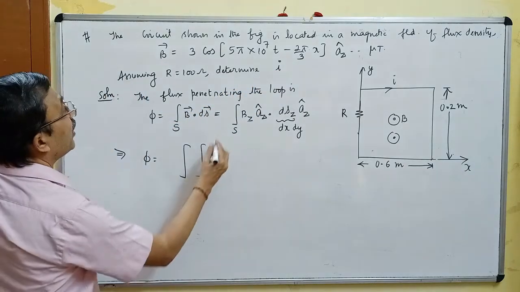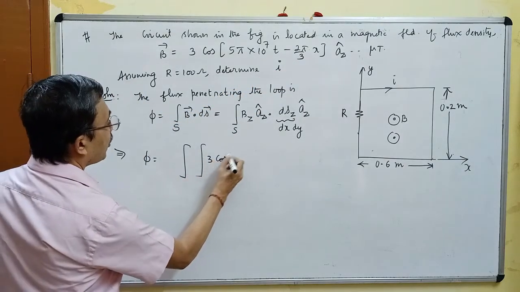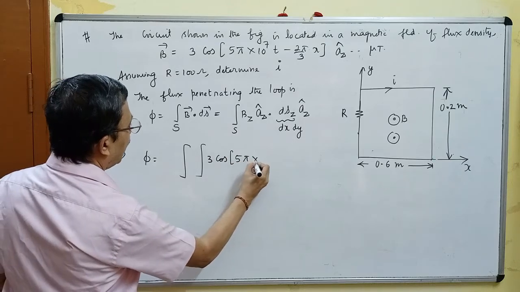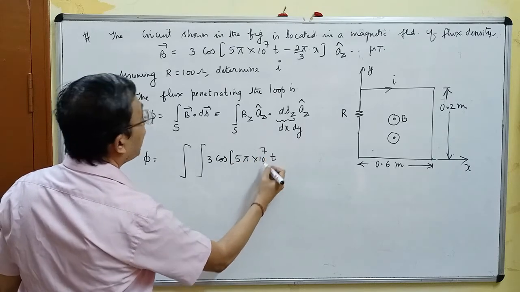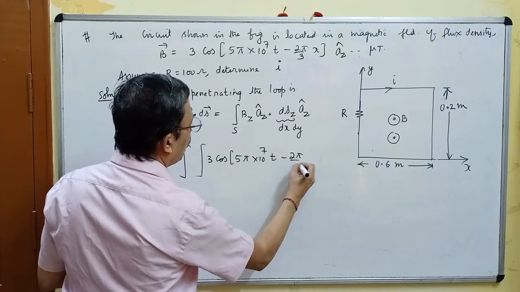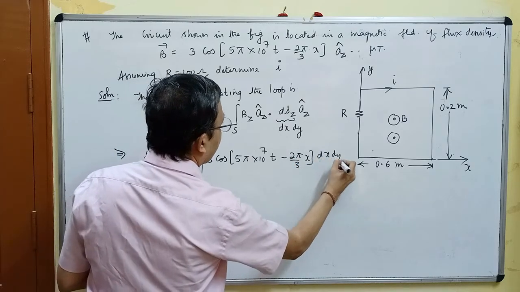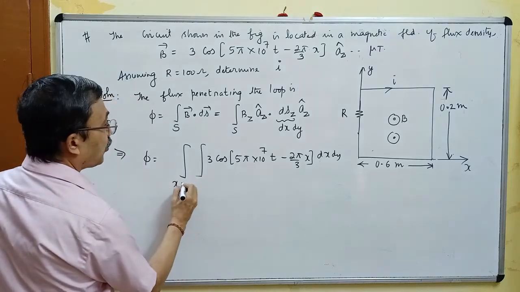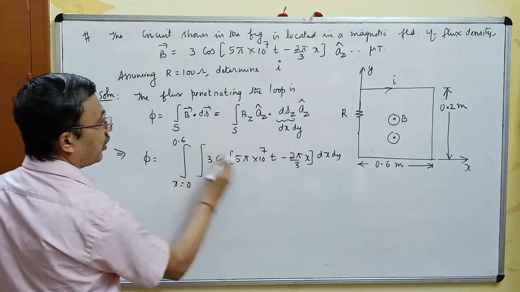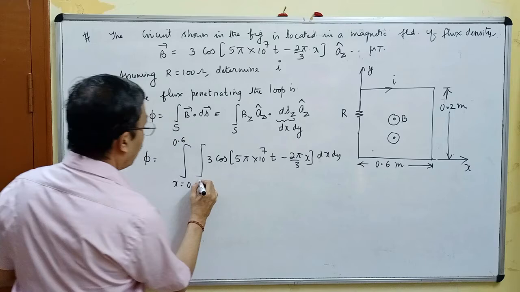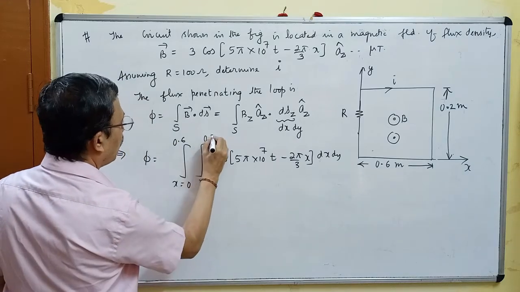So Bz is 3 cos (5 pi into 10 to the power 7 into t minus 2 pi by 3 into x) dx dy. X varies from 0 to 0.6 here. Y varies from 0 to 0.2.